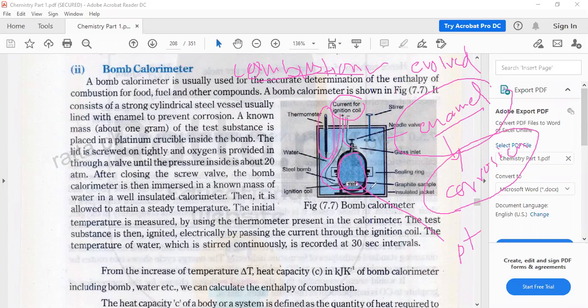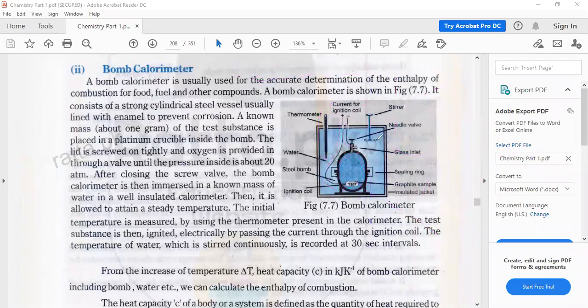This bomb is placed in this vessel. This vessel contains water. Here is the water. Before the reaction takes place, we check the temperature of the water. When the reaction has started, after every 30 seconds, we check the temperature.